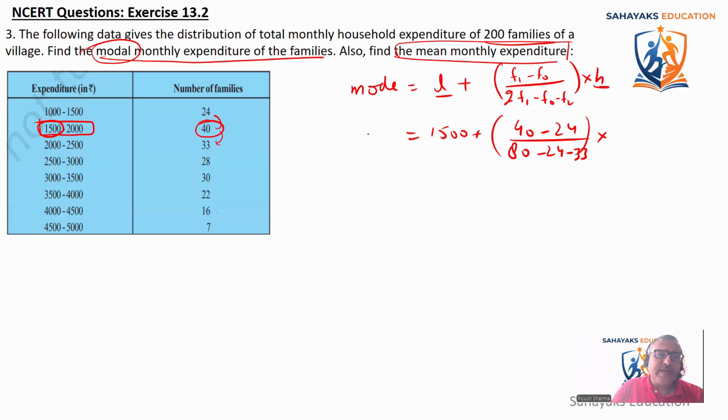Class size 1500 to 2000 is 500. So we have to compute this now.